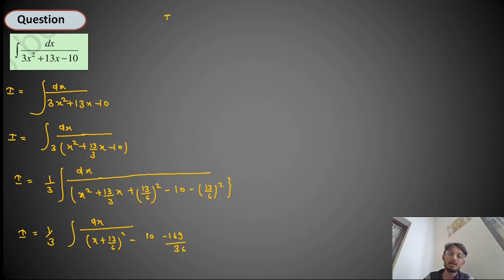So I equal to 1 by 3 dx upon x plus 13 by 6 whole square minus, taking minus as common, 360 plus 169 upon 36.